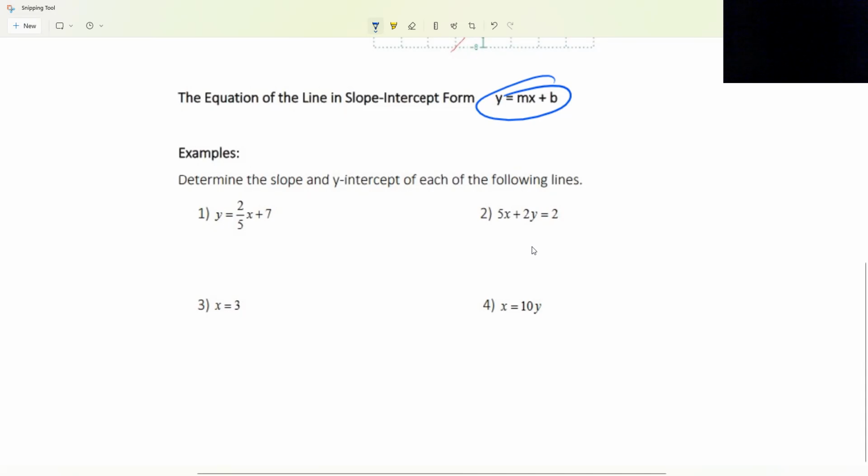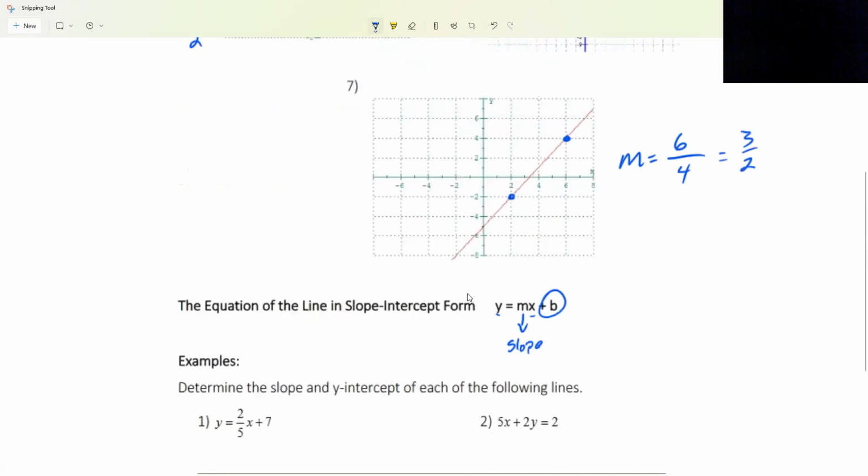But let's just go over this really quick. X and Y here are just where you plug coordinates in. M is going to be your slope. B here is a little bit different critter. What I'm going to do is go back up here and explain what B is.